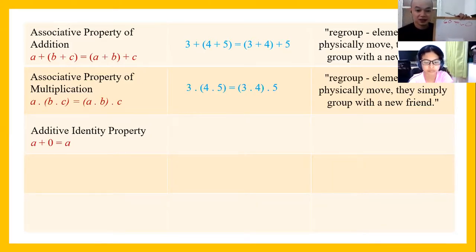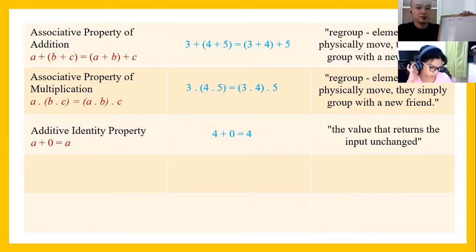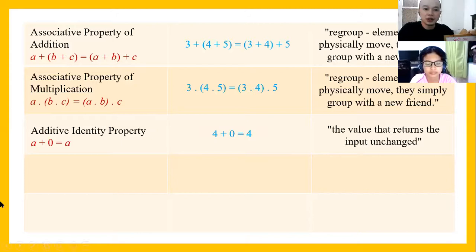So 4 plus 0 is equal to 4. 5 plus 0 is equal to 5. It's the same value. You call that additive identity property, the value that returns the input unchanged, because you're only adding nothing at all.